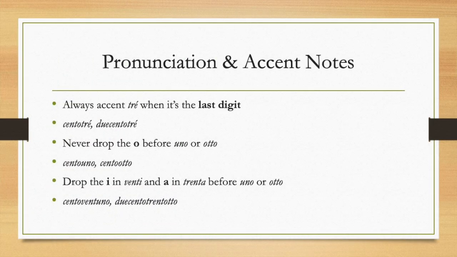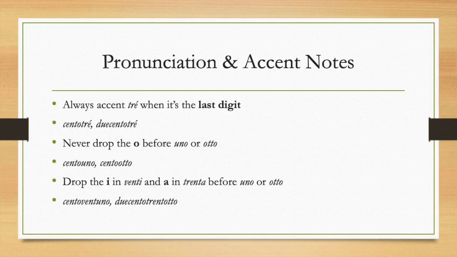When forming numbers above 100, as you did with numbers below 100, you must keep in mind to put the accent on the number 3 when the number 3 is the last digit. For example, 103, 203.